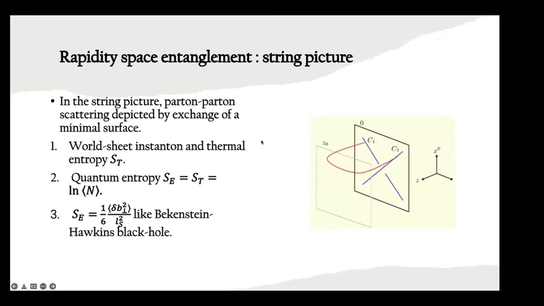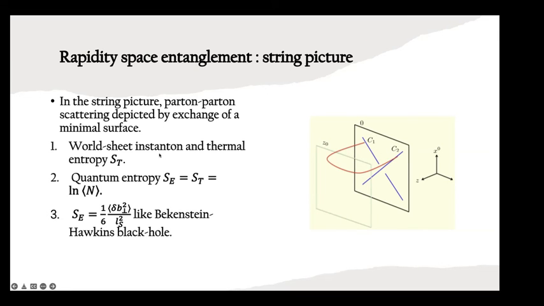And then for the 1+3 dimensional system, it is much harder to solve this evolution equation, but we can have some alternative pictures that are going to be more appropriate in the strong coupling limit, namely the string picture. So in the string picture of high energy collisions, this parton-parton scattering is probed by exchange of minimal surfaces stretched in the AdS 5 dimensions.